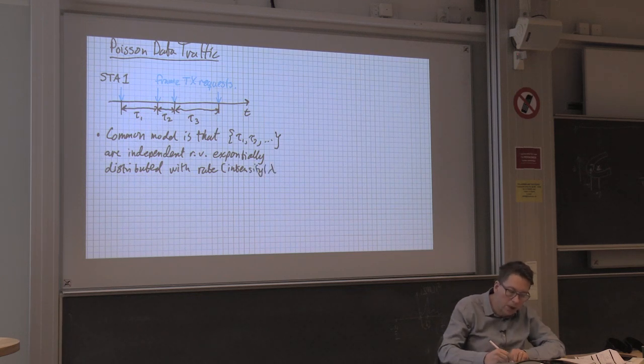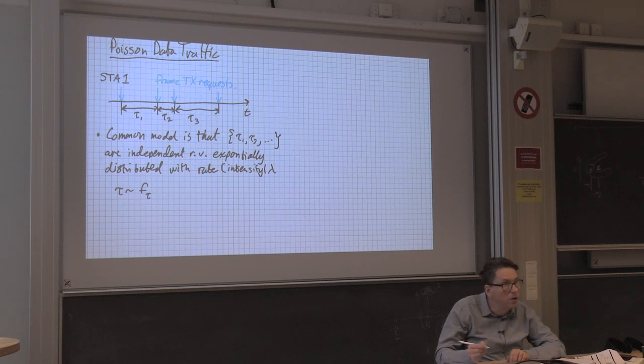So what does that mean? It means that tau is distributed with a probability density function which is lambda times the exponential of minus lambda u, and this is true for all u greater than 0, and it's 0 otherwise.